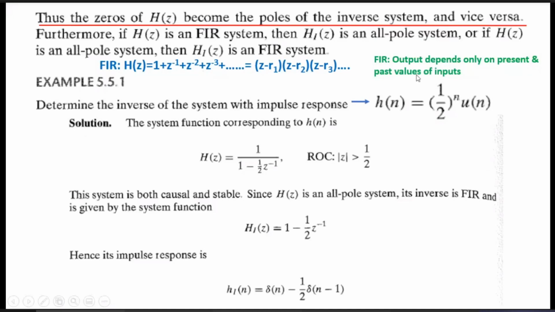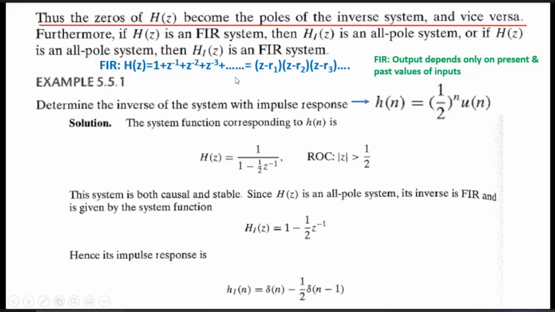If you take the z transform, it becomes Y(z) equal to X(z) times 1 plus z inverse plus z to the power minus 2 plus z to the power minus 3. So Y(z) by X(z) is 1 plus z inverse plus z to the power minus 2 plus z to the power minus 3.